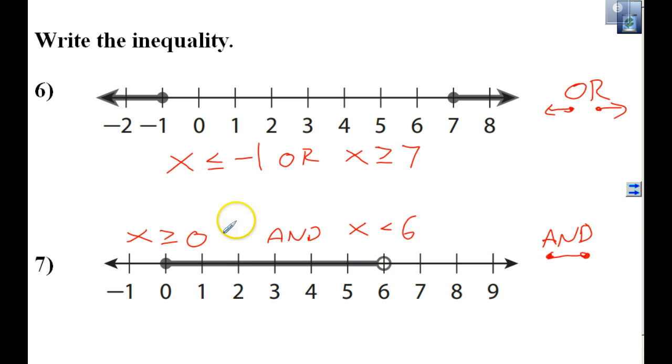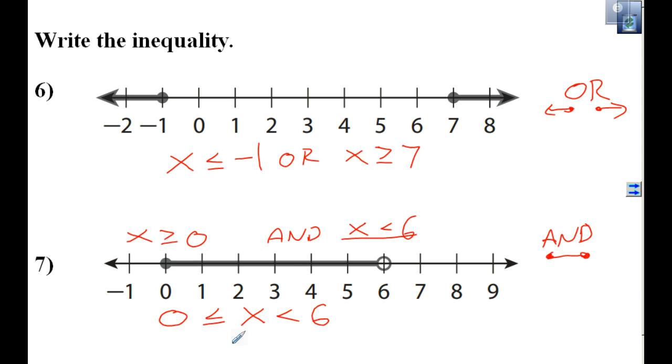Okay. But only with these AND statements, you can rewrite it as a between statement. So this means all the numbers between 0 and 6, including 0. So another way of writing it, keep the bigger one the same, but over here we're going to flip it around, so that's going to become 0 less than or equal to x, less than 6.